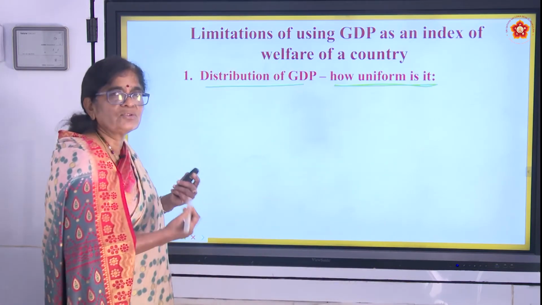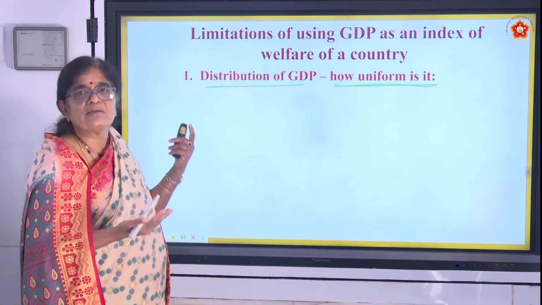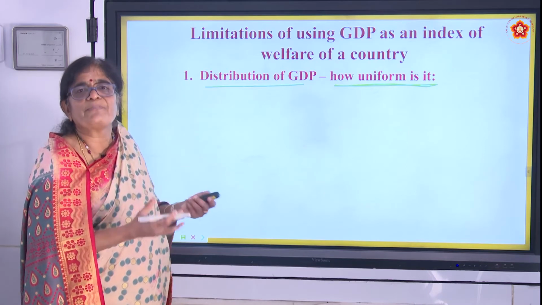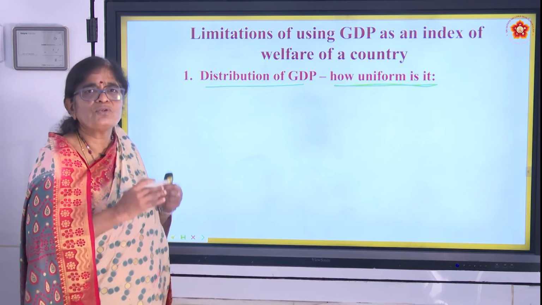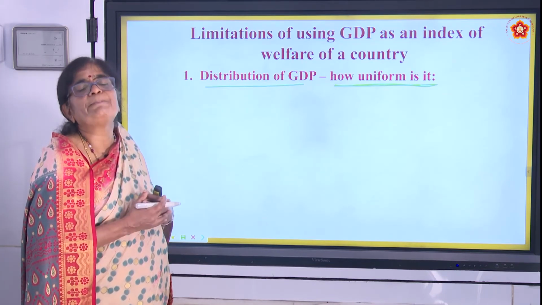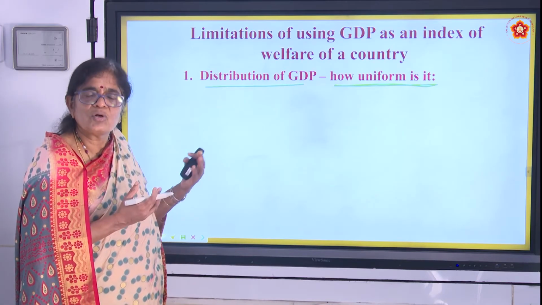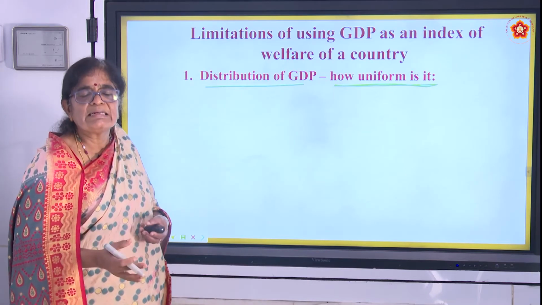In most countries, in developing countries, most of the GDP, that is national income, is in the hands of only 10 or 20% of the population. The rest of the population remains poor, because all the accumulated wealth is in the hands of the rich people. Therefore, the distribution of GDP is not equal between the poor and the rich.